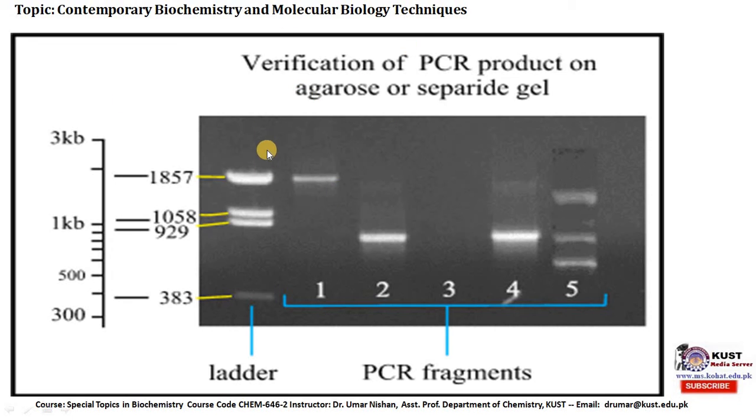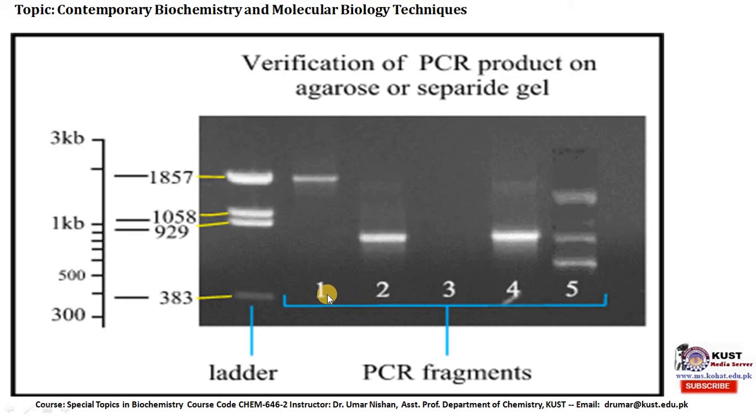In gel electrophoresis we have a ladder, a known sequence of DNA that we know. This ladder is a 3 kb ladder, with one of its bands around 300, another 500, 1 kb, until 3 kb. So by comparing with the known, we know the different sizes.